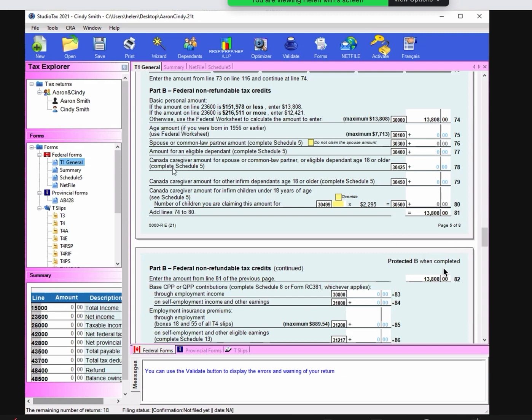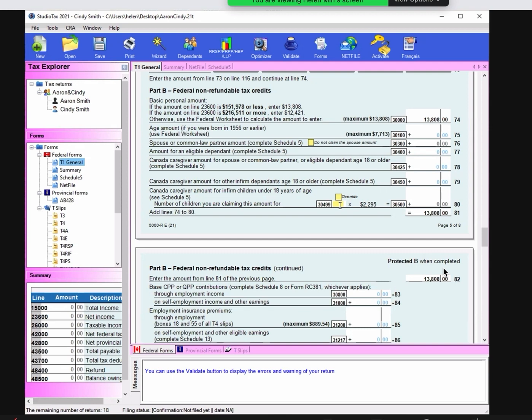So look at my mouse. You put the number here. This one is for children under 18 who are infirm or disabled.